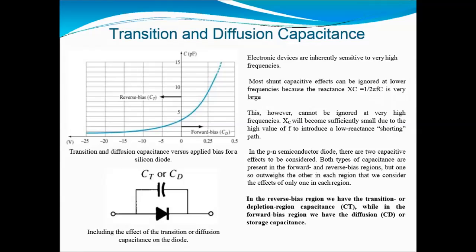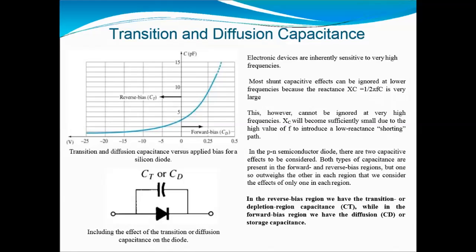Diffusion capacitance is used in the forward bias direction. Please remember, CT is transition capacitance and CD means diffusion capacitance. The diffusion capacitance is used in forward bias. So the transition capacitance CT is used in reverse bias.